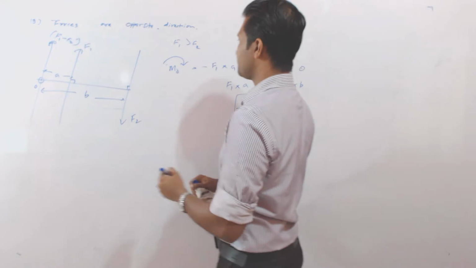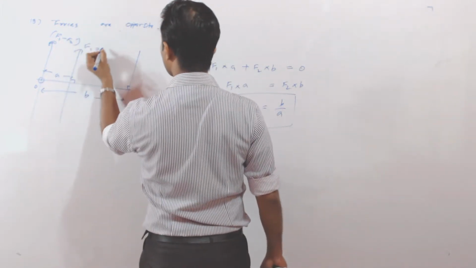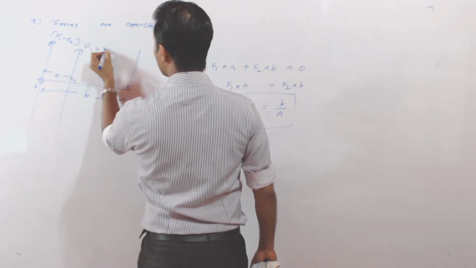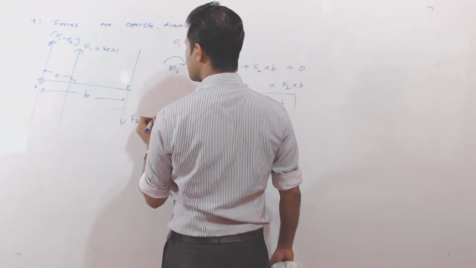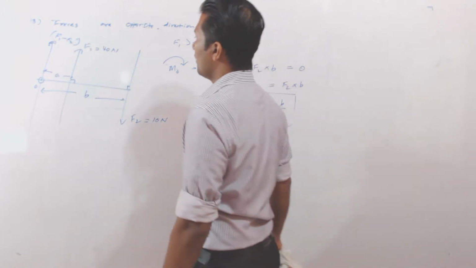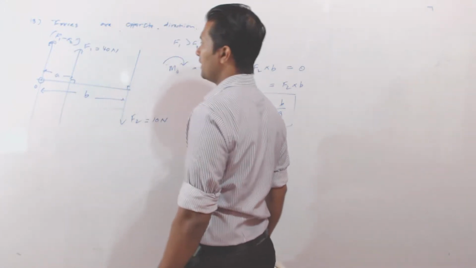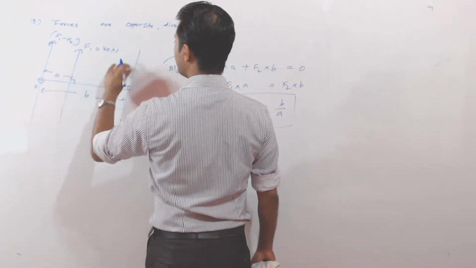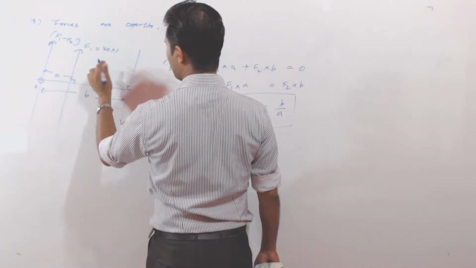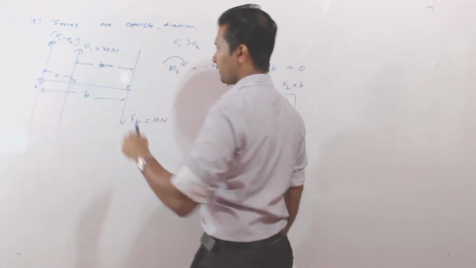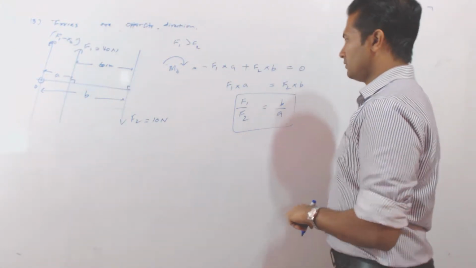For example, if you are given F1 as 40 newtons and F2 as 10 newtons, and this is 60 centimeters, how would you find simple A?